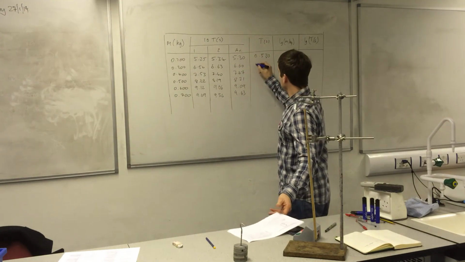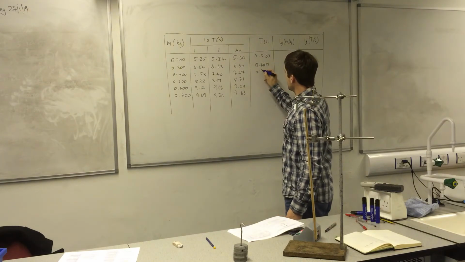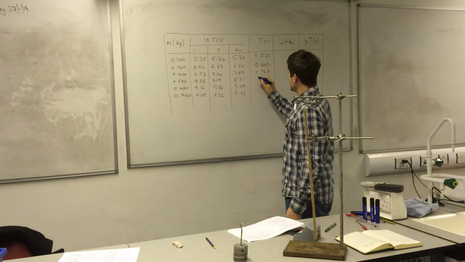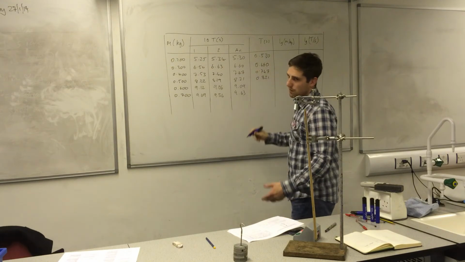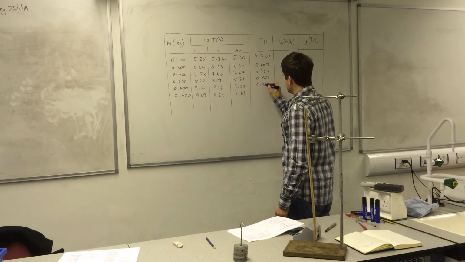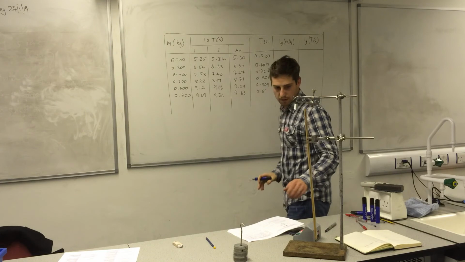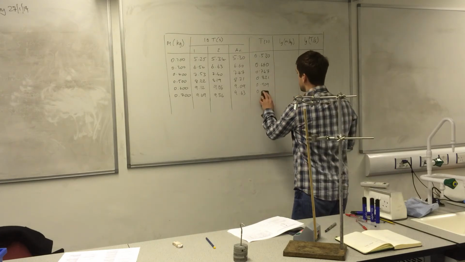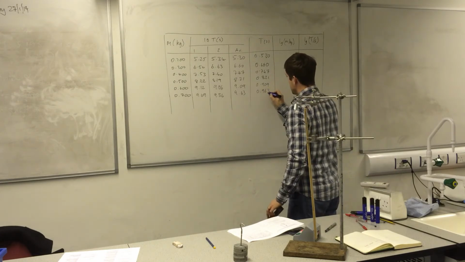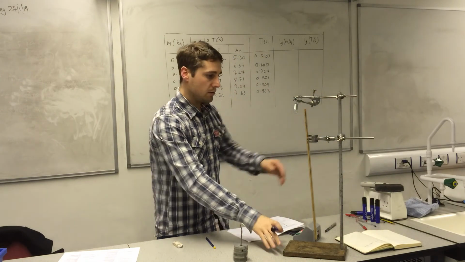So these would be 0.660, 0.747, 0.821. That's the advantage of doing 10 oscillations, just divide it by 10. Those are my time period values.